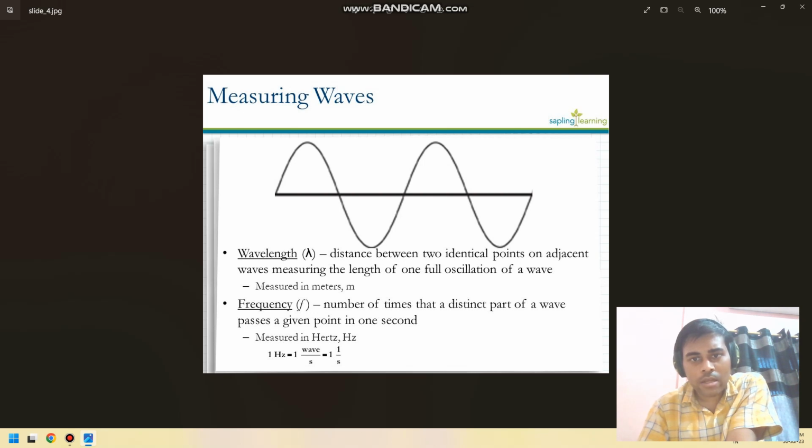After 1 second, this point has come to this point. That means one total wave has passed. The number of waves passed is 1, in 1 second, so it will be 1 per second. The frequency of it will be 1.